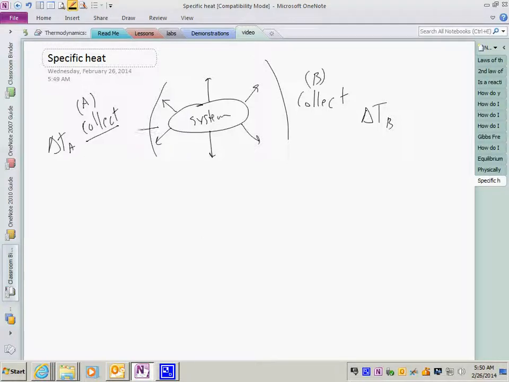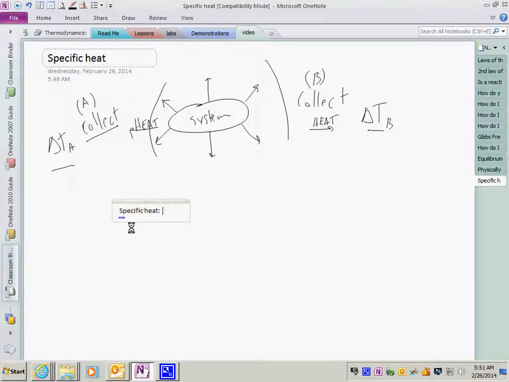Even if the same amount of energy is transferred, there's not the same change in temperature. And that comes to the concept that we'll call specific heat.